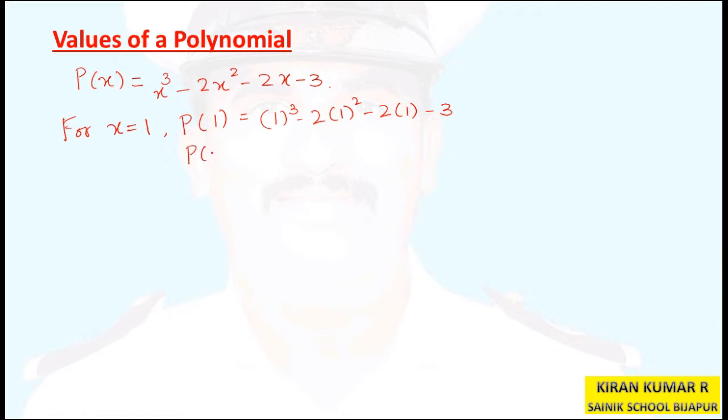Therefore, p of 1 is 1 minus 2 minus 2 minus 3. We get it as minus 6. This minus 6 is the value of polynomial p of x at x is equal to 1.